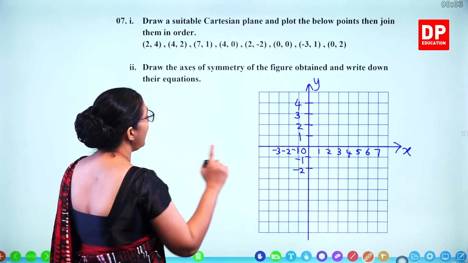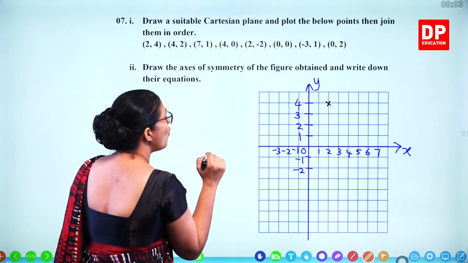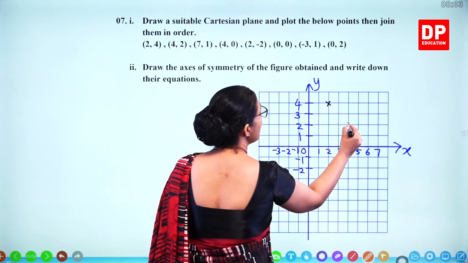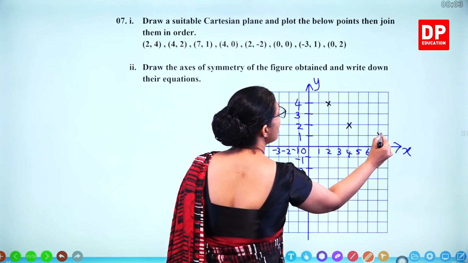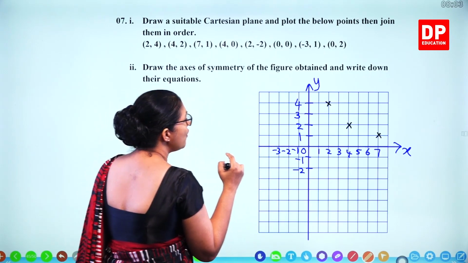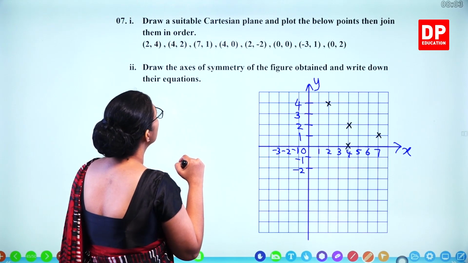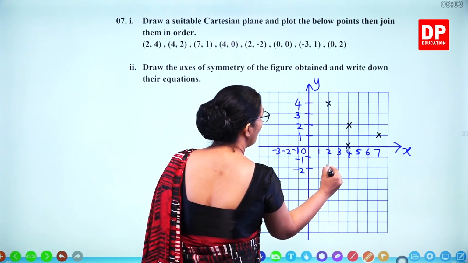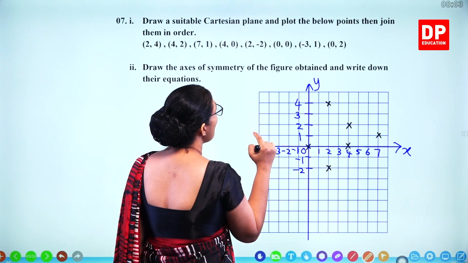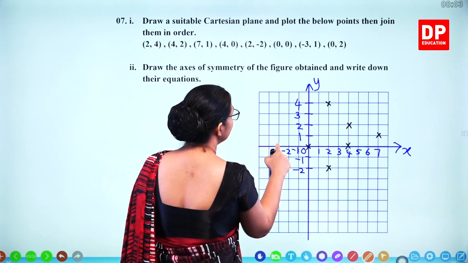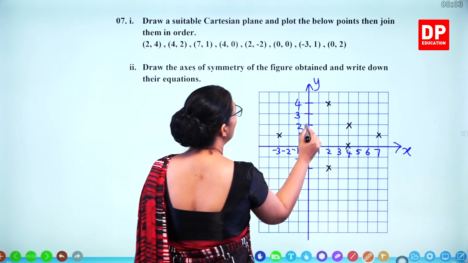2, 4. X is 2, y is 4. This point. 4, 2. X is 4, y is 2. 7, 1. X is 7, y is 1. 4, 0. X is 4, y is 0. 2 and minus 2. This point. 0, 0. Minus 3, 1. 0, 2.